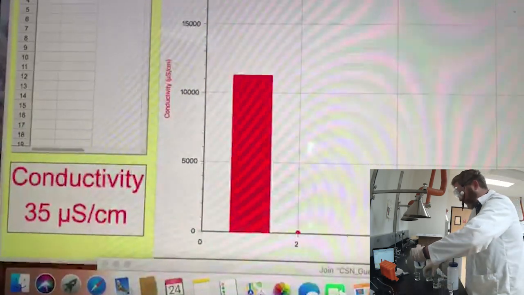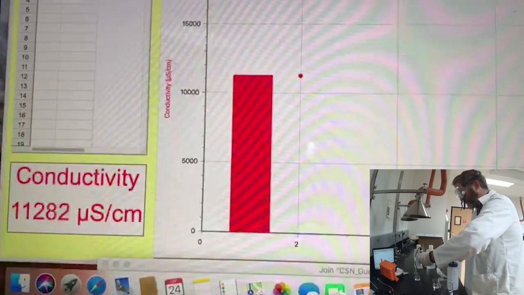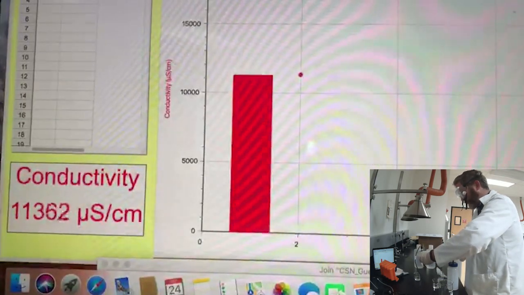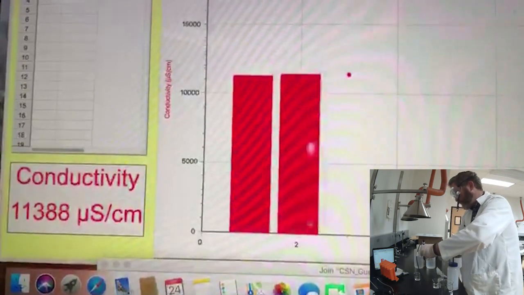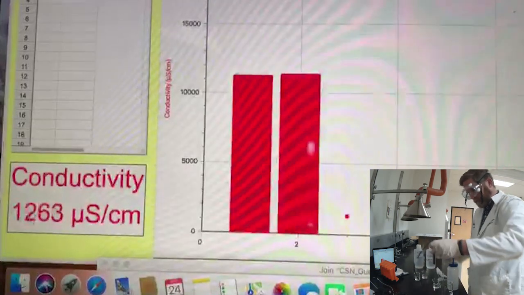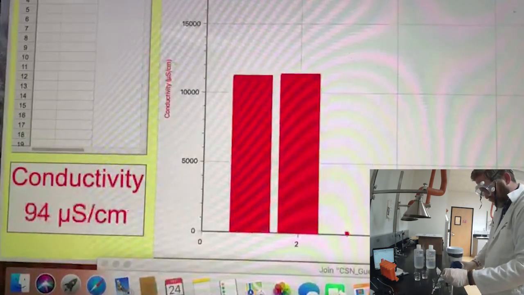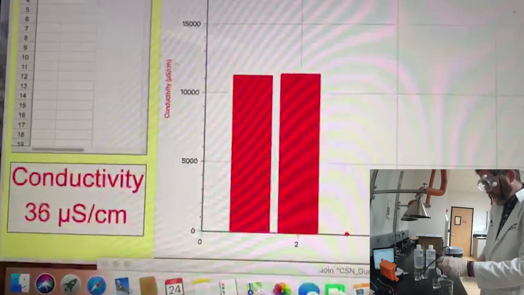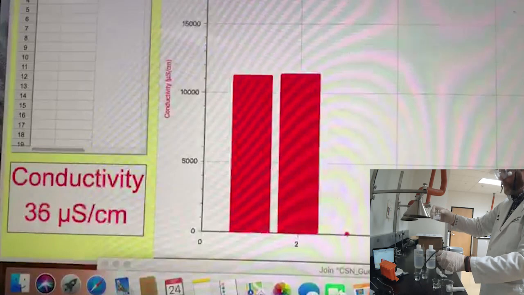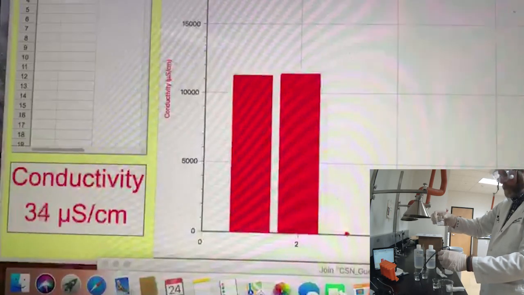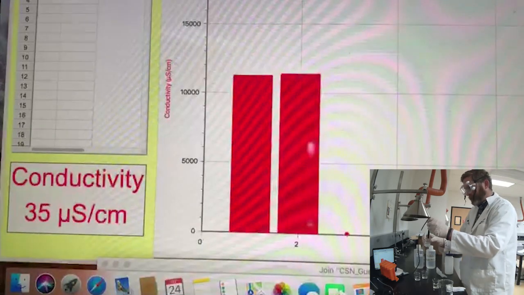And then our second solution here, which is our sodium phosphate. And if you look at our third beaker here, once we've combined them together, we have a precipitation reaction. We're going to look at the conductivity after they have precipitated.